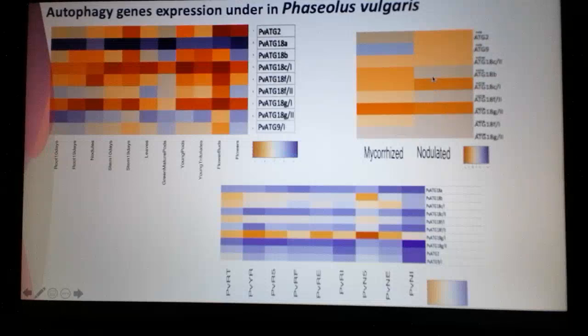Meanwhile, ATG18s are more expressed in nodulated roots. The third heat map shows the expression of ATGs in roots and nodules in efficient and inefficient nodulation. Some ATGs have high expression in efficient nodulation, and we want to understand this situation.